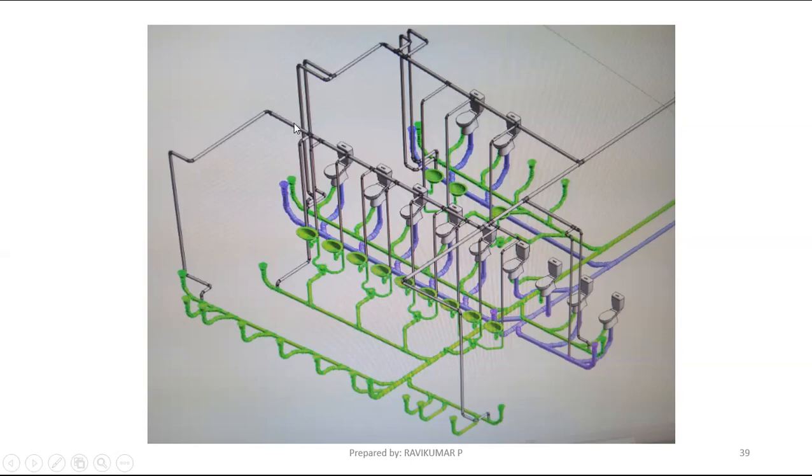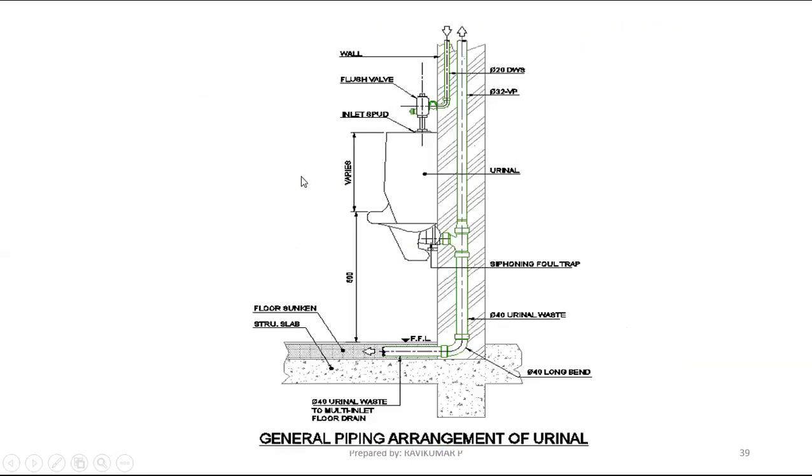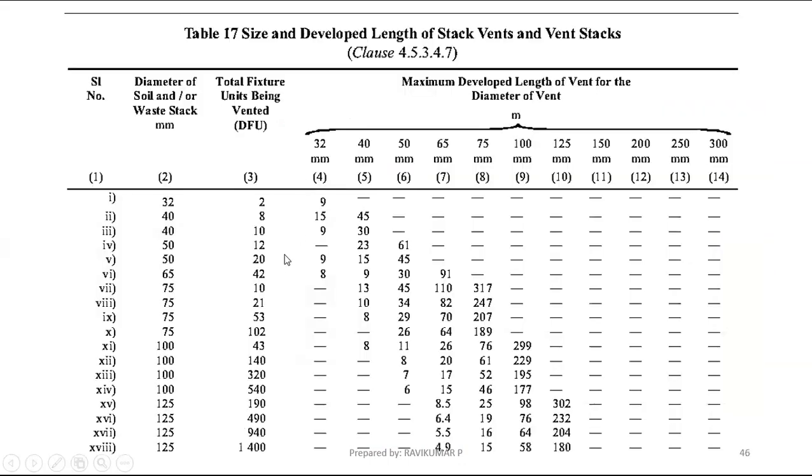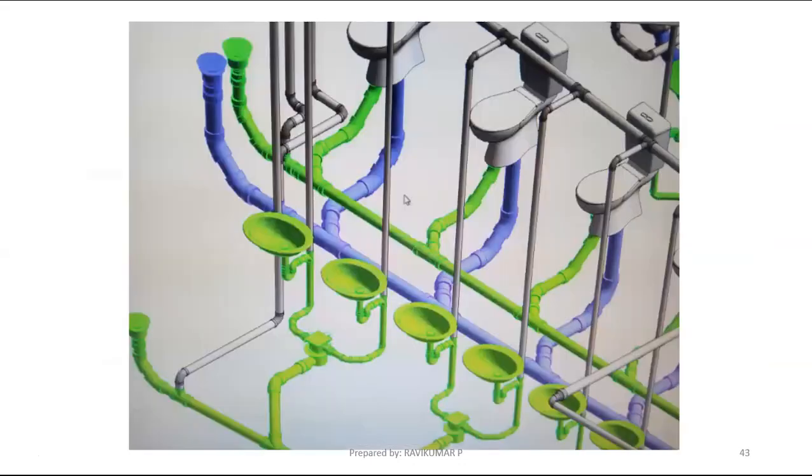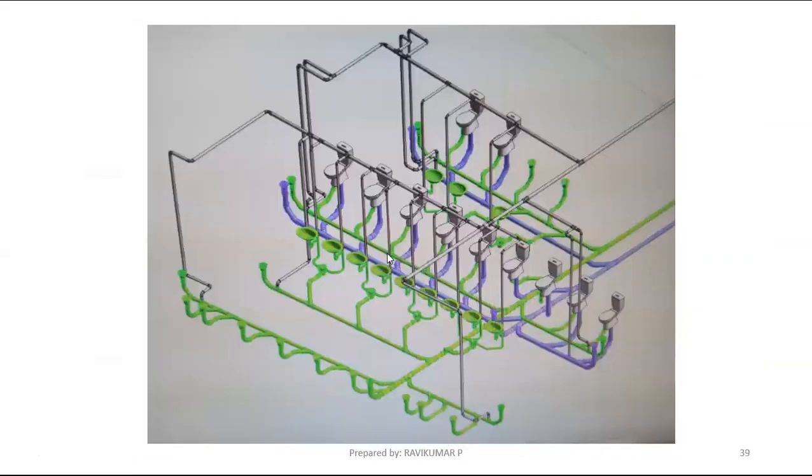For 50 mm, how much can you run in the table? They call it 34 meters. Up to 34 meters with 50 mm diameter you can go.